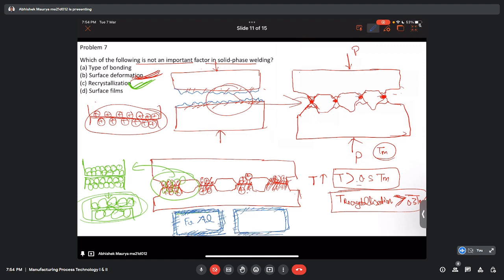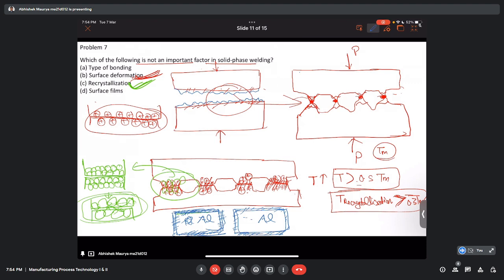We are able to make bonds between, let's say we have aluminum. So if aluminum atoms come in contact with aluminum, then only they will form a bond. So if we want to join them by solid state joining, what we do is we clean the surface, we remove the oxide layer, and then we apply some pressure on the cleaned surface, and then we increase the temperature, then they will get joined.